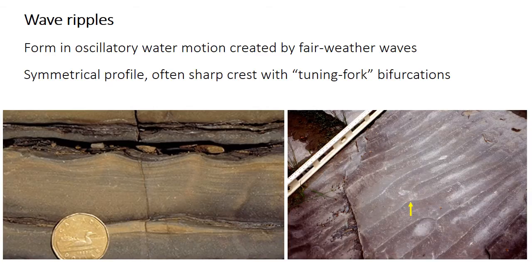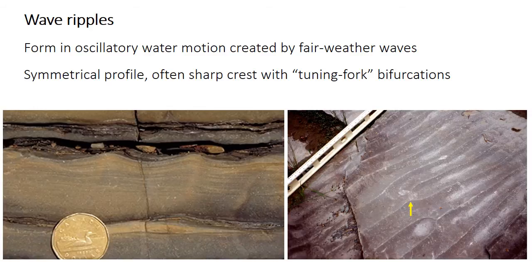If the large storms are not very common, the shore face will instead be dominated by wave ripples just from fair weather wave action. You've learned about the current ripples before in the fluvial lectures, so how do wave ripples differ? Well, in their overall shape, wave ripples have a symmetrical or fairly symmetrical cross-section, in contrast to the asymmetrical stoss and lee sides that you saw in current ripples.